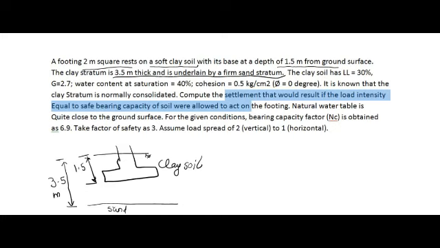So the clay soil has a liquid limit of 30%. Now where does the liquid limit come into the picture? They asked us to calculate the settlement.